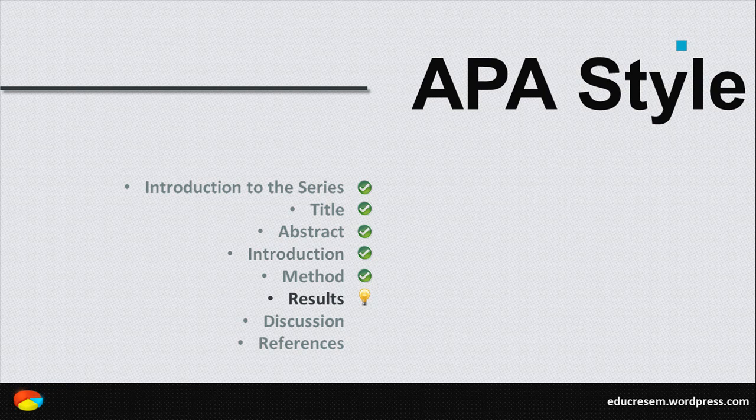So for example, as I said, there is a lot of information that you can include in the case of, for example, multivariate analysis of variance, regression analysis, structural equation modeling analysis, or hierarchical linear modeling.